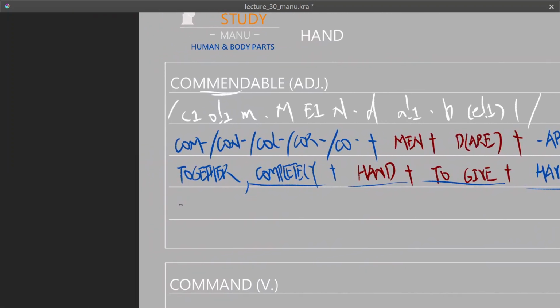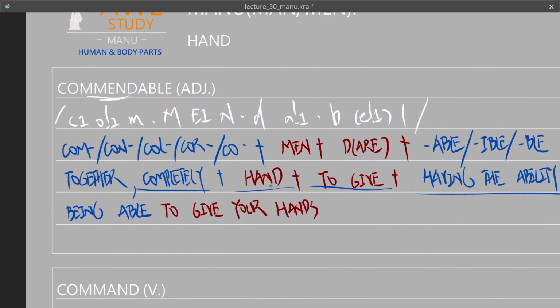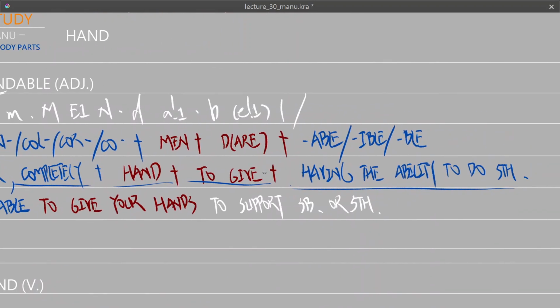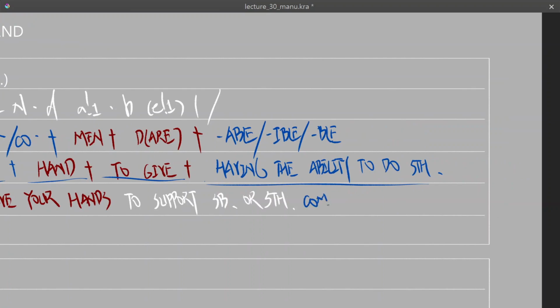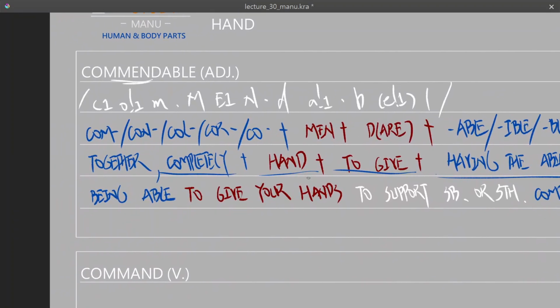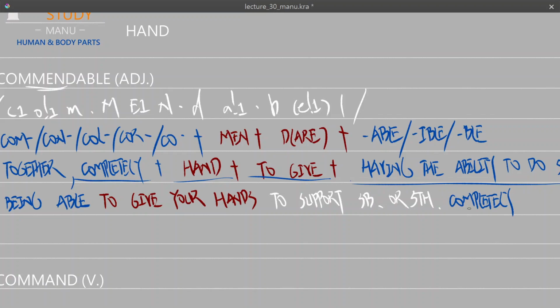Being able to give your hands to support somebody or something completely.